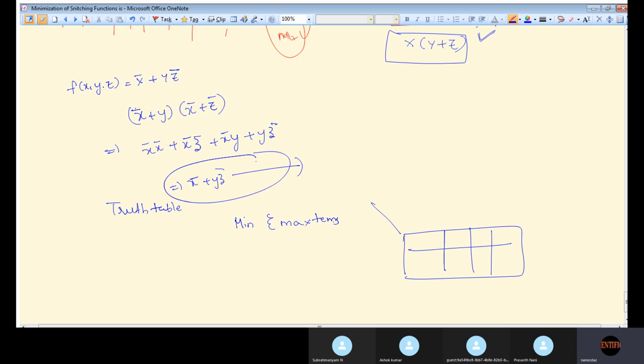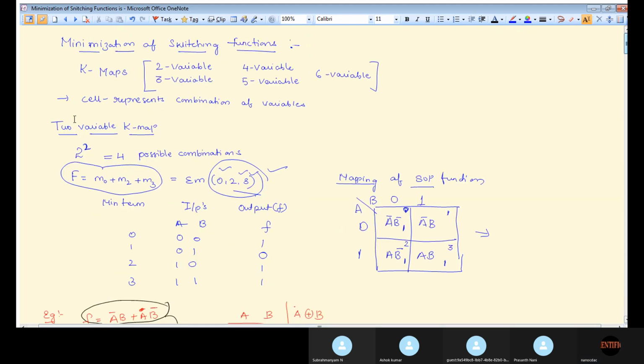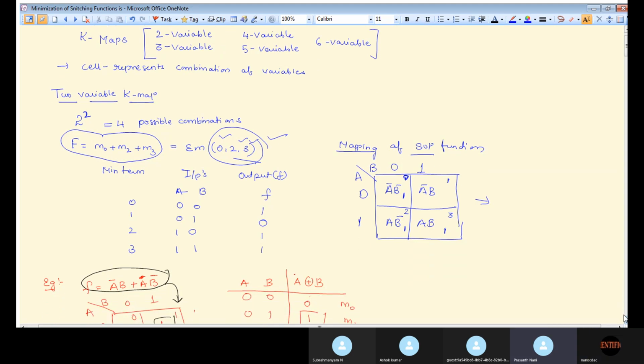Take this as homework. Shall I end the class today? Tomorrow we will discuss 4 variable K-maps and we'll close. If you do the same example in standard SOP form, you get the same 5, 6, 7 min terms. It comes the same.